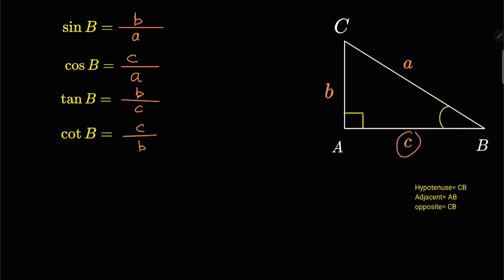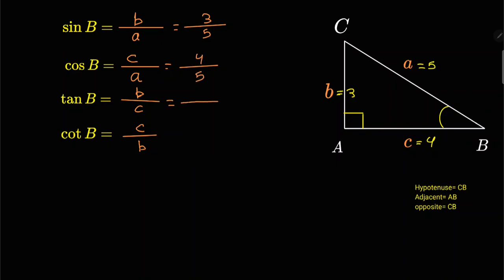And if we give lengths to the sides of the triangle ABC, for example, if we say that b equals 3, c equals 4, and a equals 5, then sine B equals 3 divided by 5, and the cosine is 4 divided by 5.